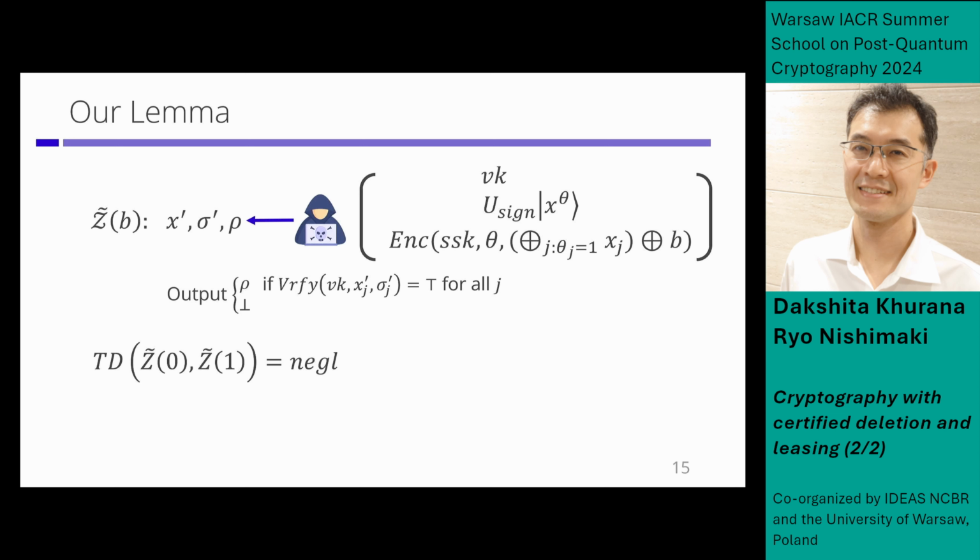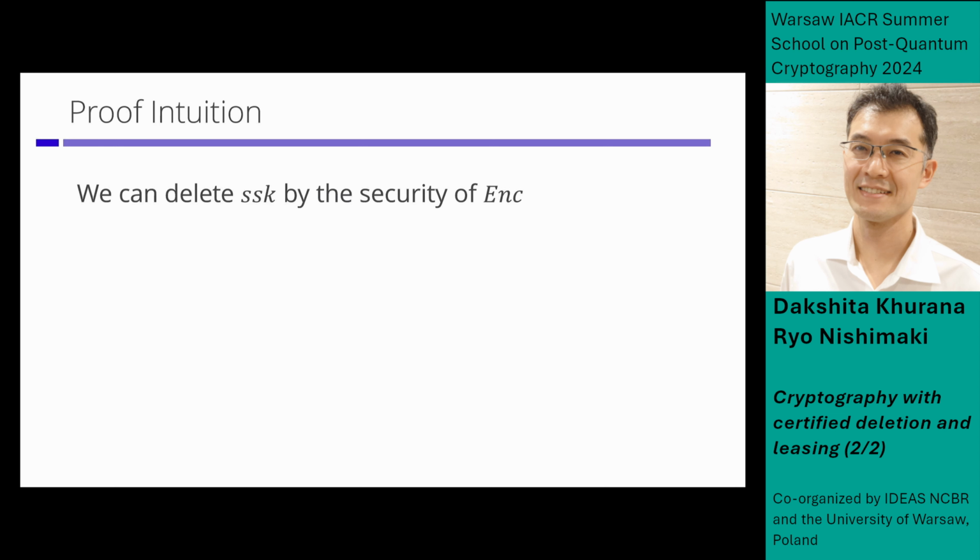So how to show this? It's very easy if we assume the Broadbent-Islam lemma is true. We can delete the information about the secret signing key by using the security of encryption, like we saw that θ is hidden from the adversary.